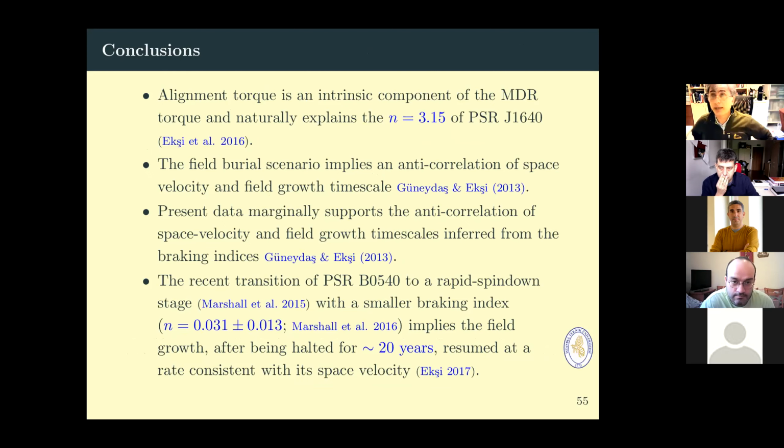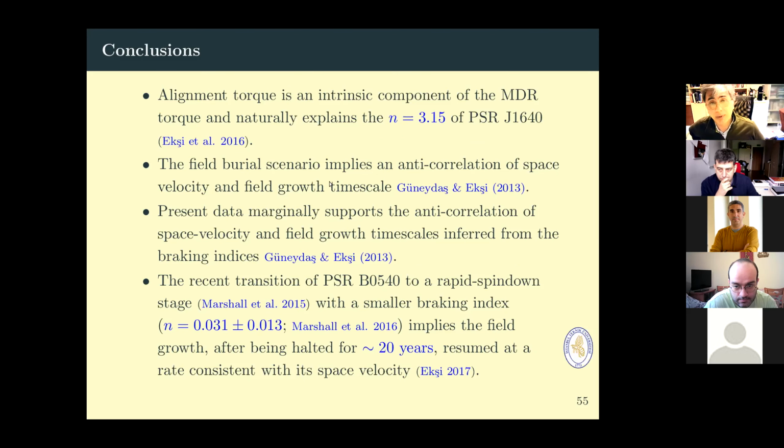So I come to my conclusion. Alignment torque is an intrinsic component of the magnetic dipole radiation torque, and it naturally explains the greater than 3 braking index of J1640.